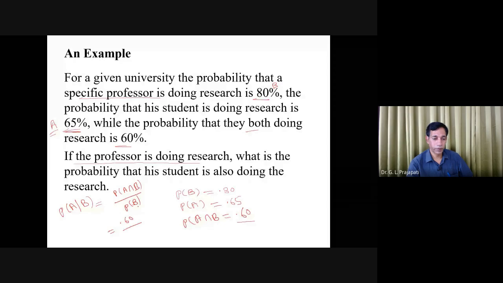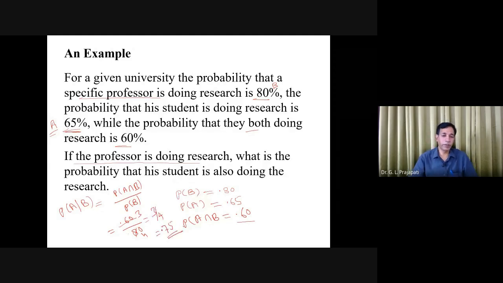So this comes to 3 by 4, which means 0.75. So the probability that the student is doing research is 0.75.